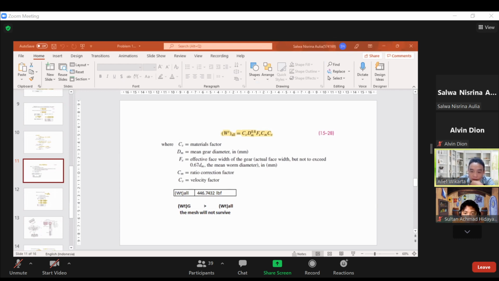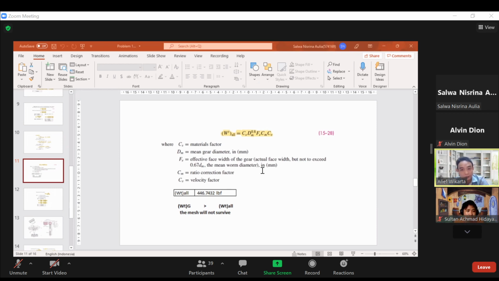So usually we determine the life from the rotation times the operation hours. Each day the worm gear will operate maybe 8 hours, or 10 hours, or maybe 20 or 24 hours, and then multiply by the number of days.